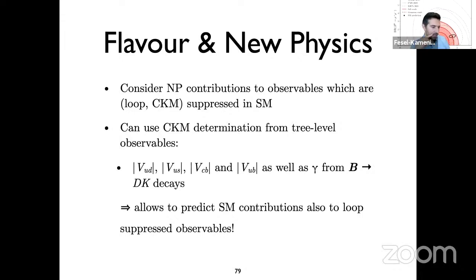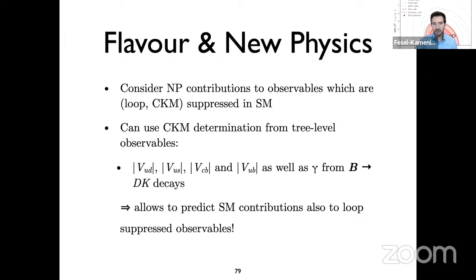However, using this information, we can seek measurements which are dominated by leading order weak contributions, so tree-level exchanges of charged W's. One can use these so-called leading order weak processes to extract the parameters of the CKM, and then use such a reconstructed CKM to predict all the other flavor observables within the standard model.